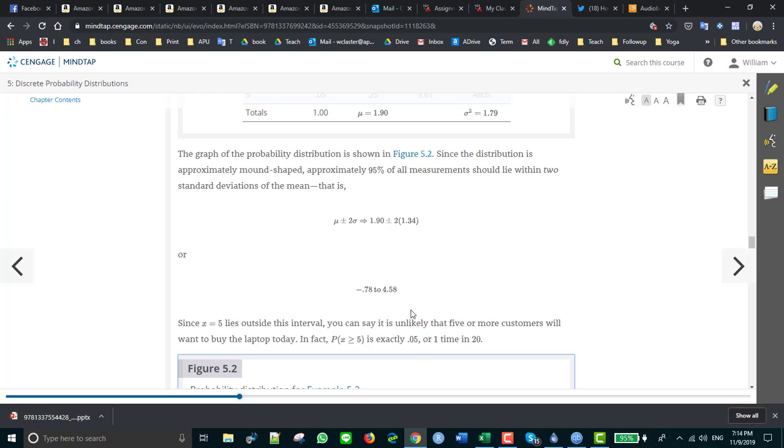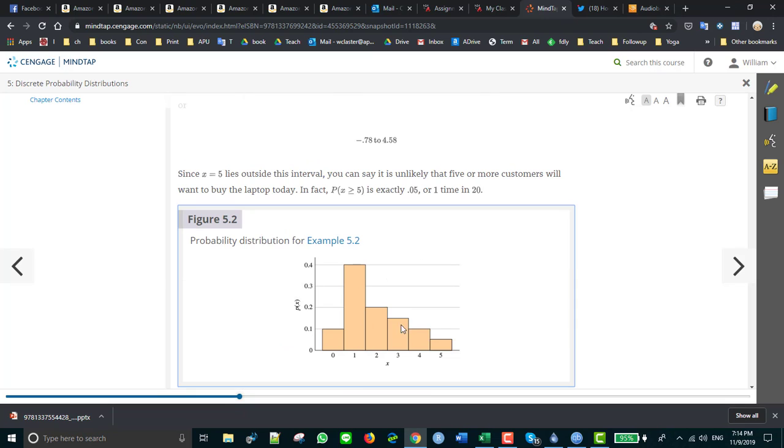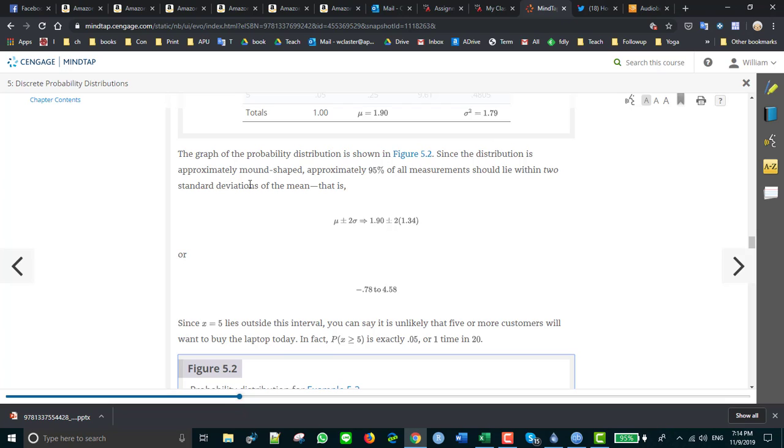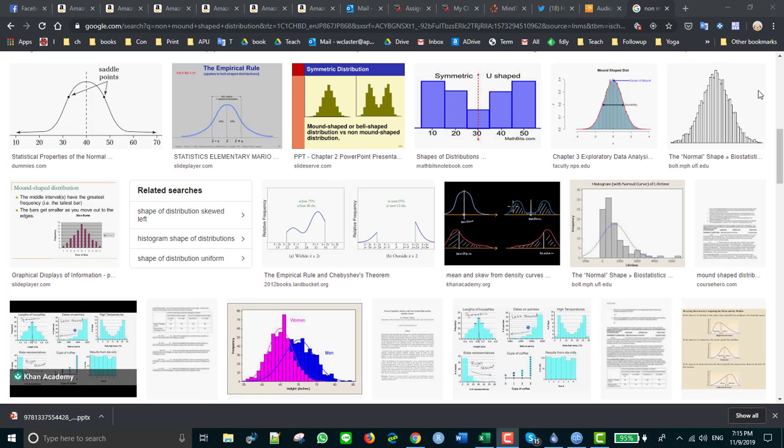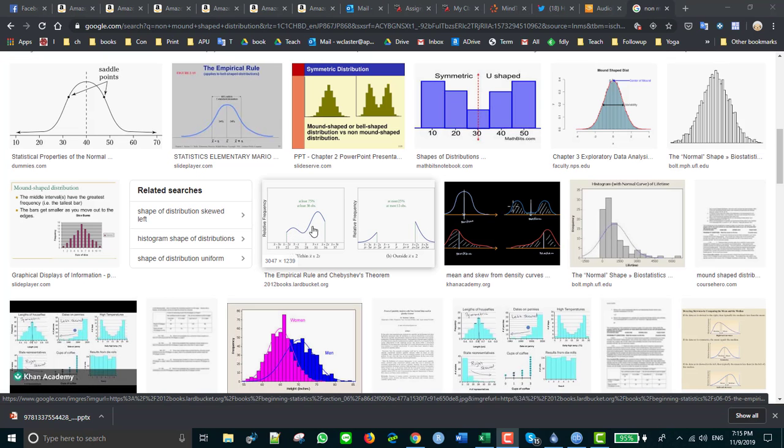So here's how they give some meaning to that. They say the graph of this probability distribution is here. Since the distribution is approximately mound-shaped, they mean it's like this, as opposed to a distribution that is not mound-shaped, or one that goes up, down, over, and down.